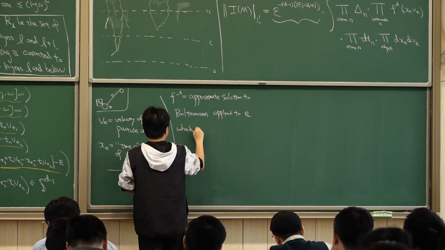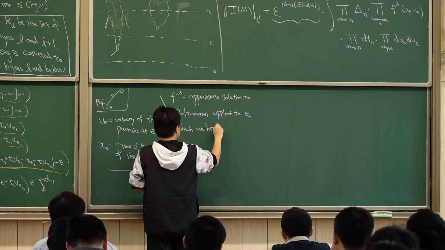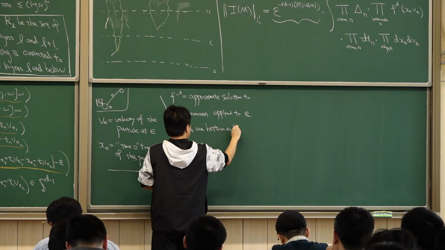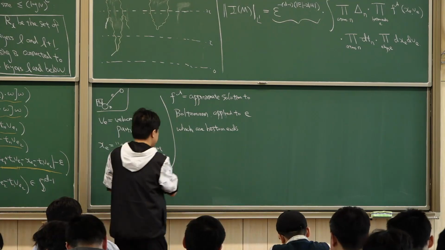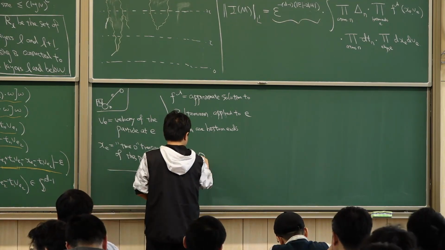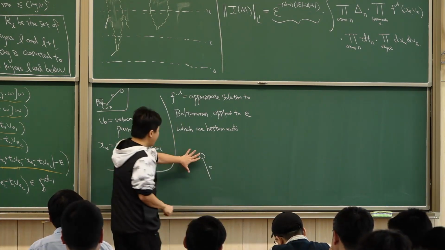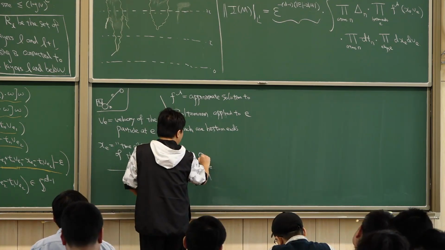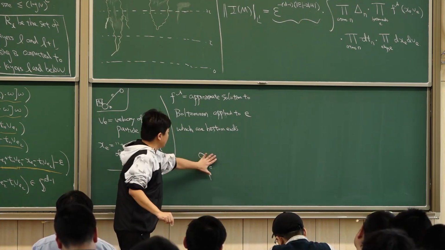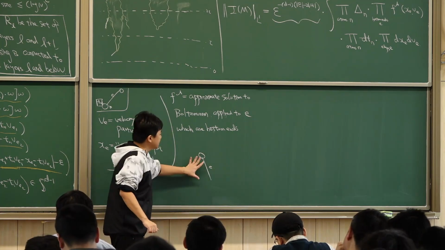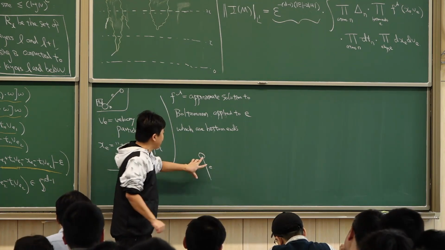Let me explain what is bottom ends. A bottom end means that if you have this atom, a collision, and then this is the bottom end. Bottom end means that for this particle, there is no collision below this E. So E is the part of this particle before the first collision.